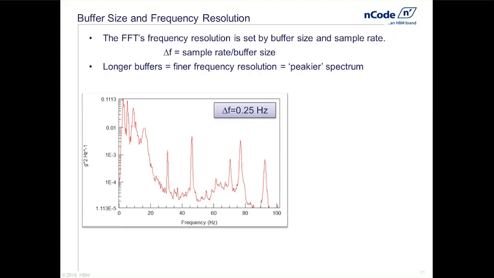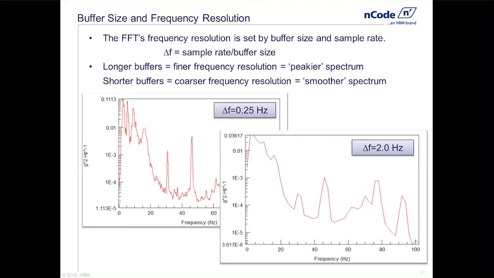So if I had chosen a buffer size such that my spectral resolution was 1/4 hertz, we might see a plot like this. However, I can very easily go back and change the number of points within a buffer, and that's ultimately going to give me a different spectral resolution, which may look something like this.